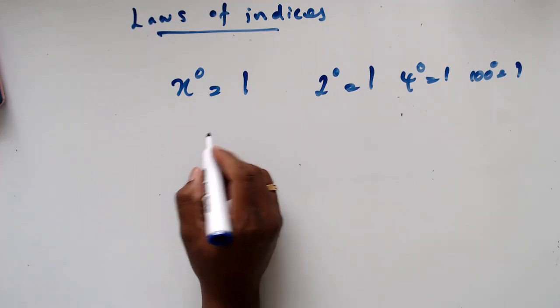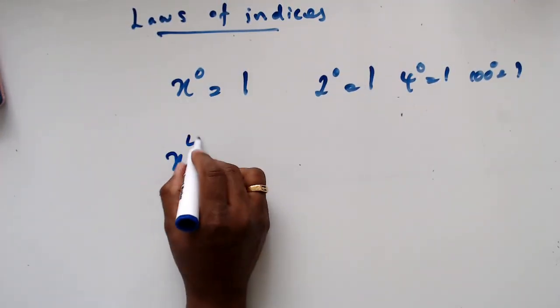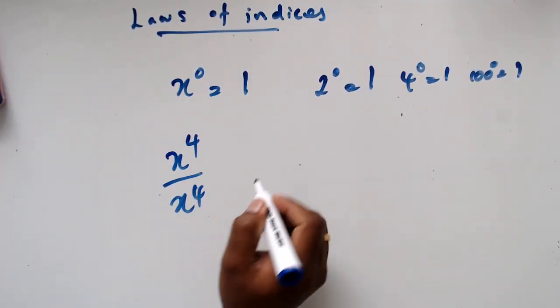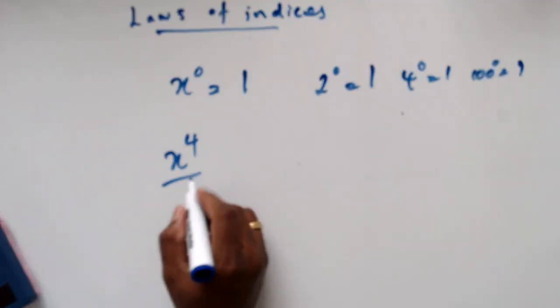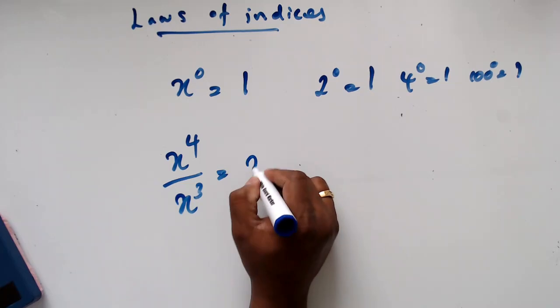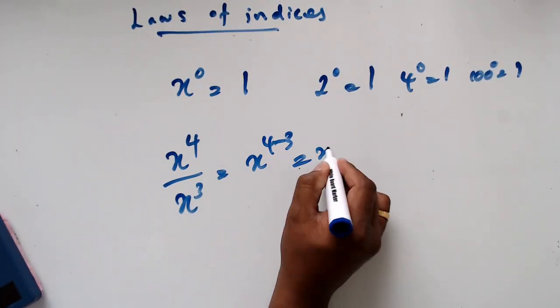And then x^4 divided by x^3, we know that it is x^(4-3), x^1.